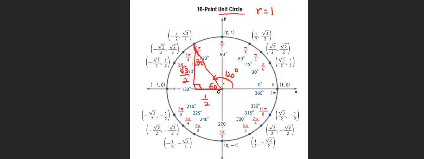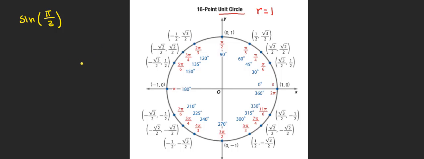So I hope you get the idea of how we got these 16 points on a circle. All we did was use quadrantal angles, the 30, 60, 90 degree triangle, and the 45, 45, 90 degree triangle.